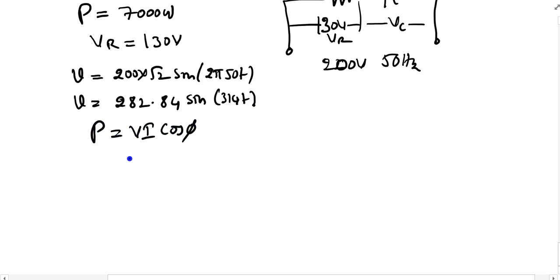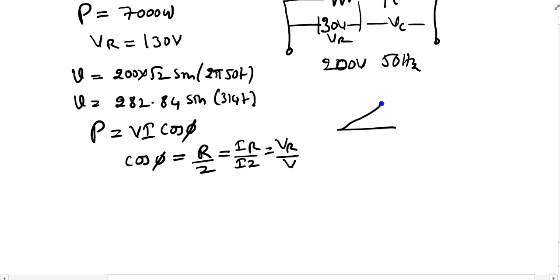Again I can take many relations. So R by Z, or you can write this as I R by I Z, which is nothing but VR by V. So these are the different relations I am taking. It is R, then this is my phi, Z and XL.